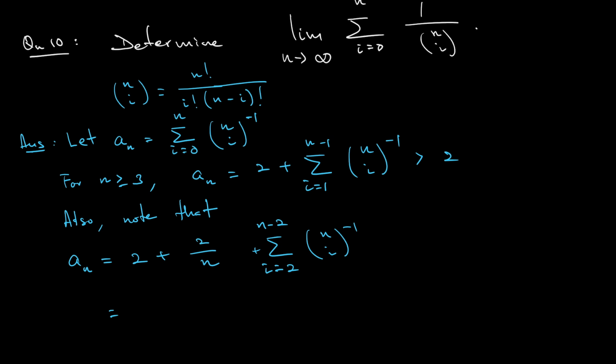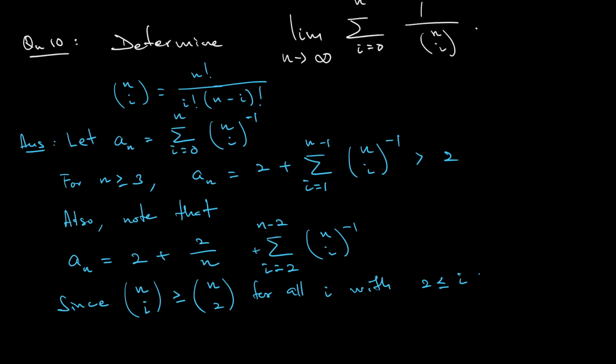Okay. Keep it like that first. Since n choose i is always greater than or equal to n choose 2 for all i in between 2 and n minus 2. Okay, binomial coefficient, right?